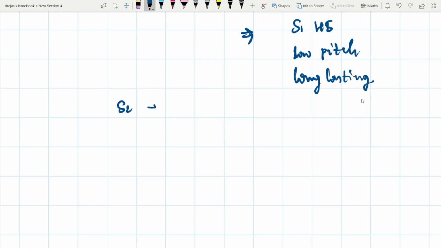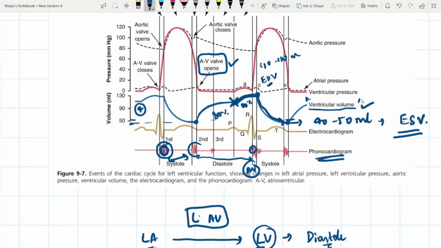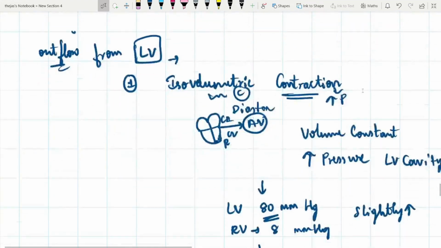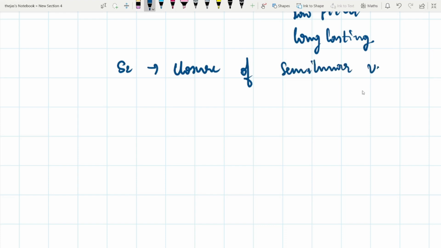Now S2, the second heart sound. See here, see this diagram. The second heart sound is almost at the end of systole and beginning of diastole. At the end of ventricular systole, what happens? There is closure of the semilunar valves, the valves of the aorta and pulmonary artery.